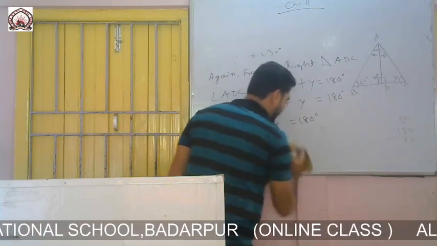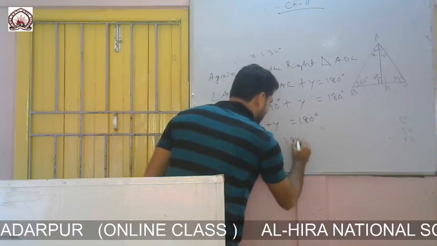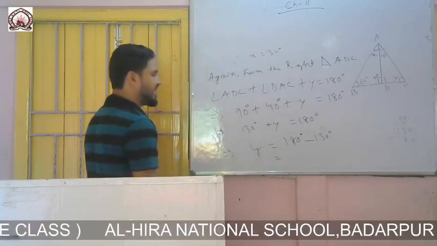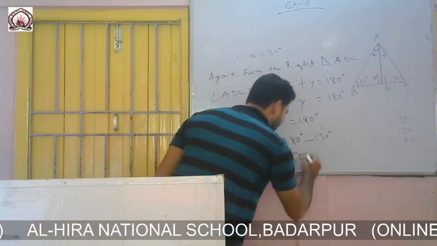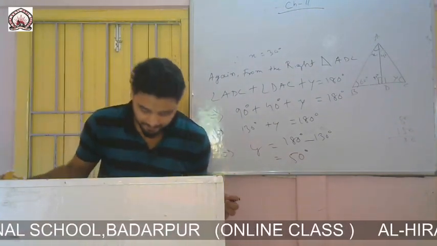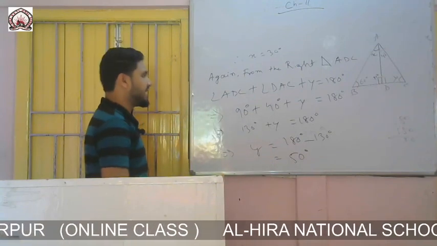Now we can find angle Y very easily. If I subtract 130 degree from 180 degree, then I will get 50 degree. So this is the required value of Y.